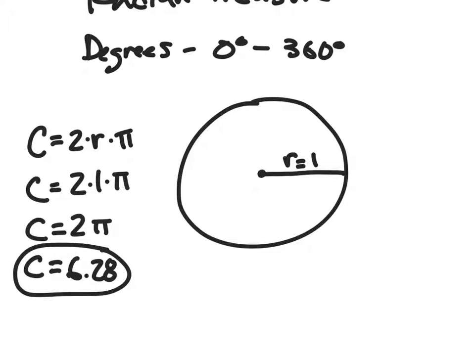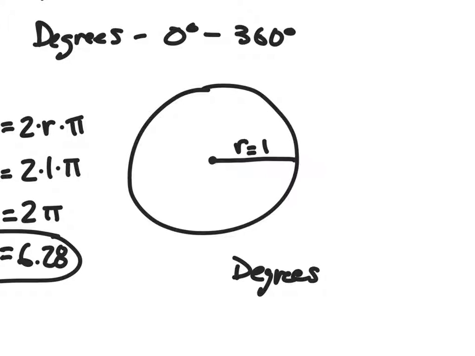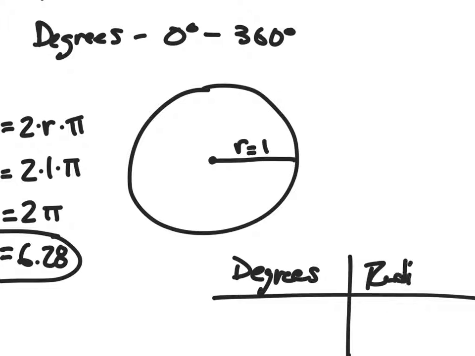So now here's what I've got. You have this column of degrees, and we could also think about a radian measure, which is an arc length. So instead of using degrees, we can use an arc length.